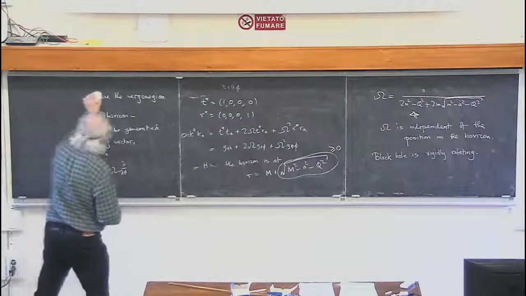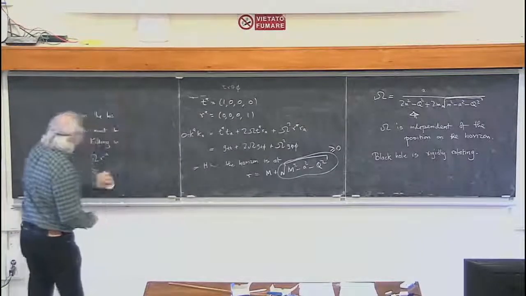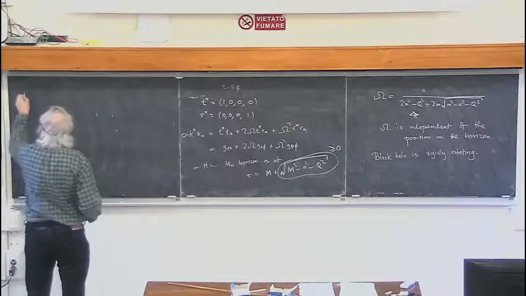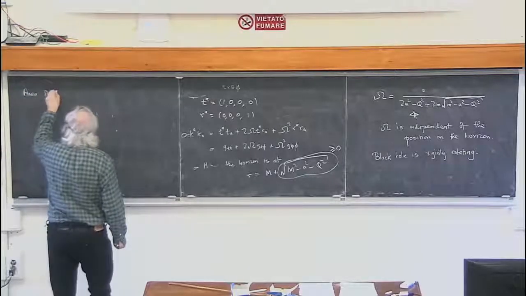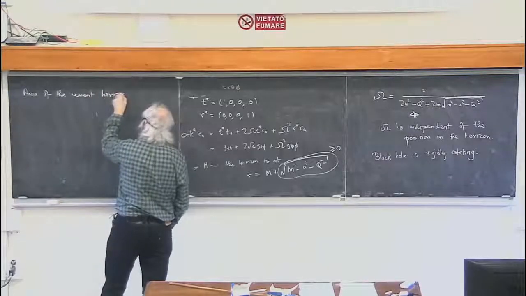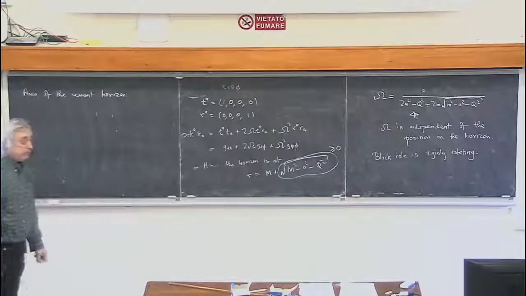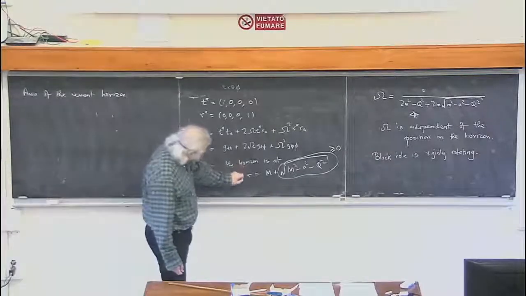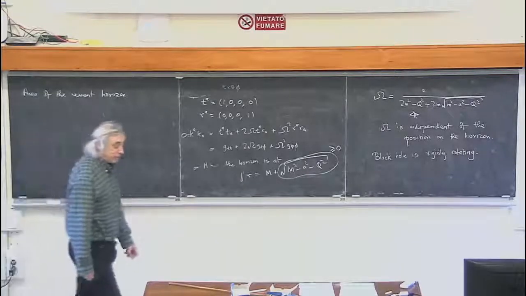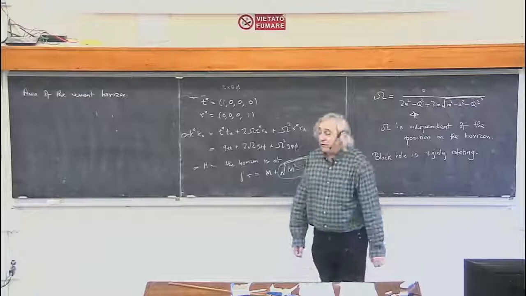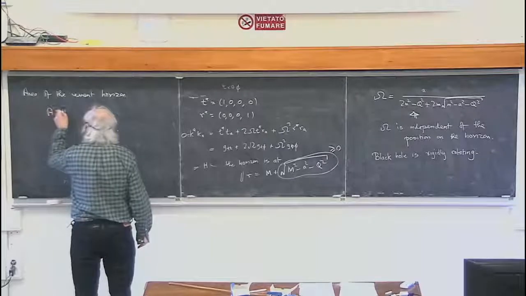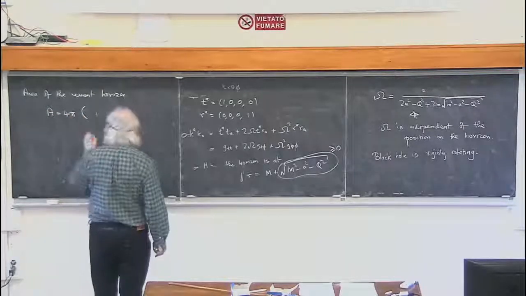The first one is just going to be the area of the event horizon. We already know that this is essentially a sphere with radius r given by m plus the square root of m squared minus a squared minus q squared. And so its geometric area, I'll just call A, is equal to 4 pi times this thing squared.